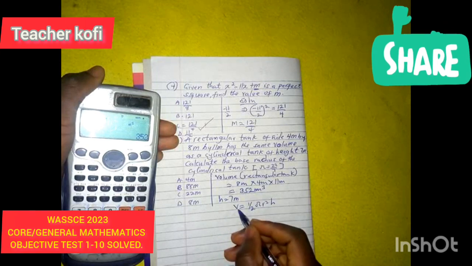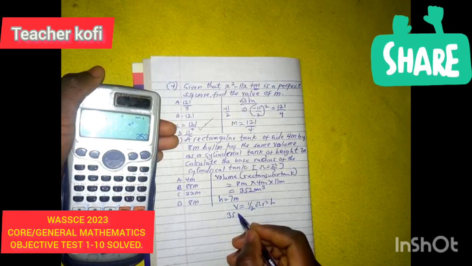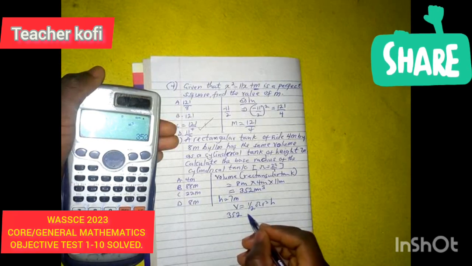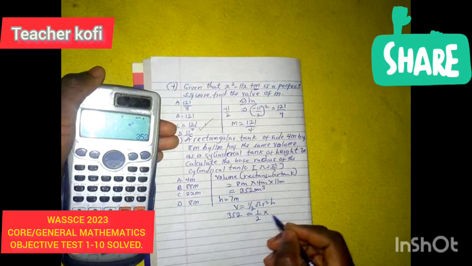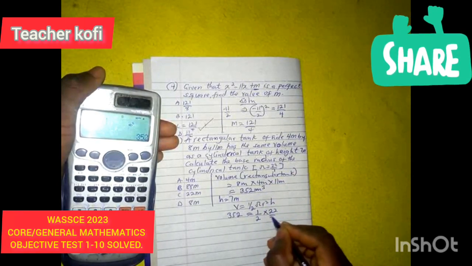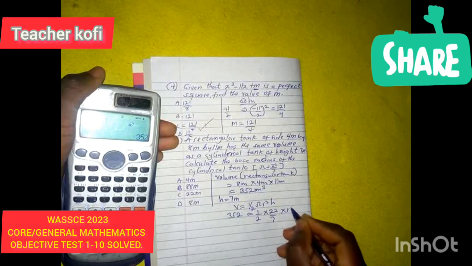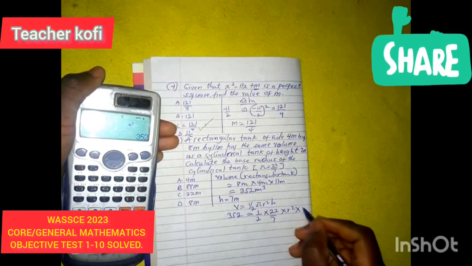So now that means V, 352, is equal to pi, which is 22 over 7, times r squared times the height, which is 7.